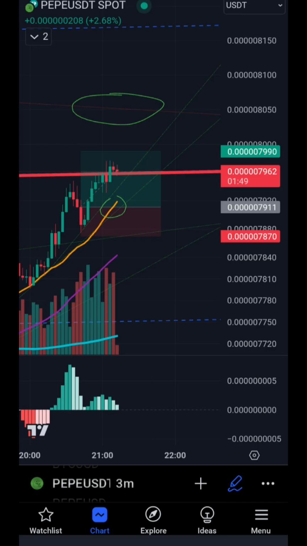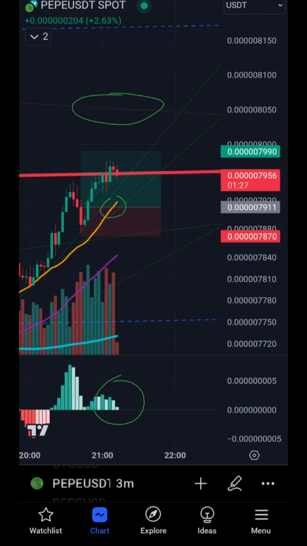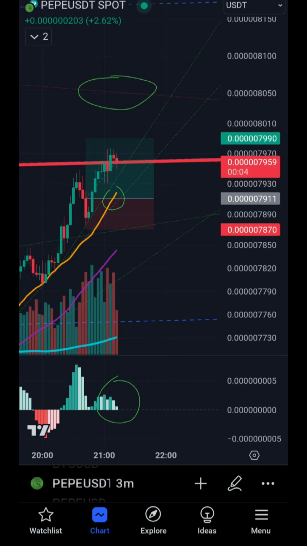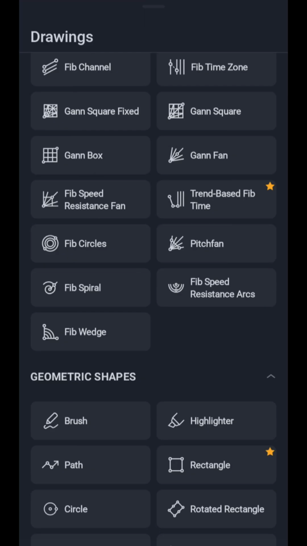I'm marking the 20 SMA on 3 minutes and also the upper bearish trend line. But we won't still go to that bearish trend line.